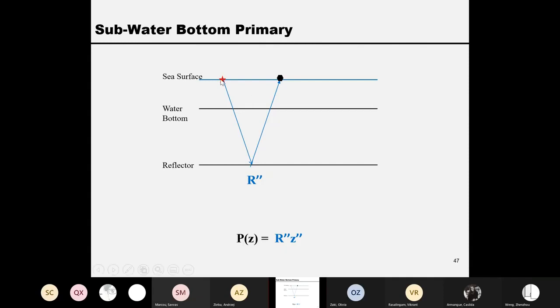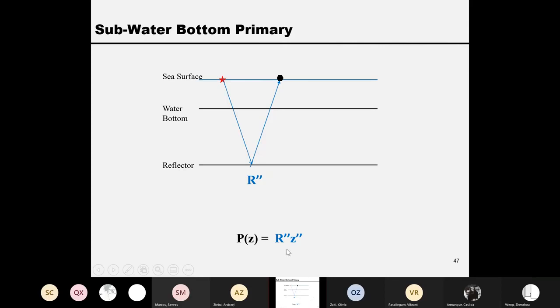So you have a source here, the wave travels through the water bottom and reaches this reflector and then comes back upwards to the surface. That's the primary reflection from this reflector.